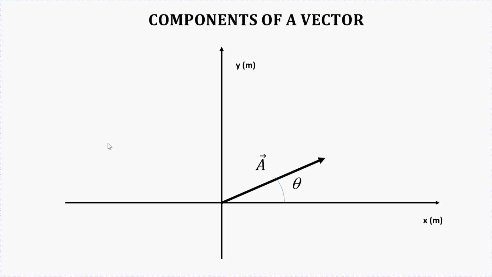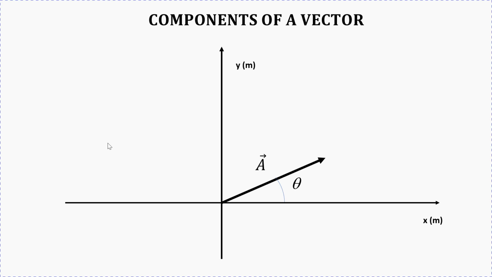A given vector can have 2 or 3 components, which are going to be parallel to your x, y, and z axis. That's what it's all about. You can decompose this vector into either 2 components, in the case of 2-dimensional space, or 3 components in the case of 3-dimensional space.